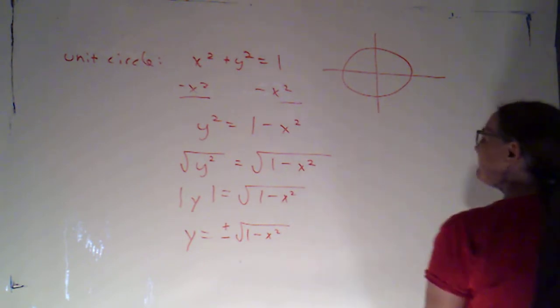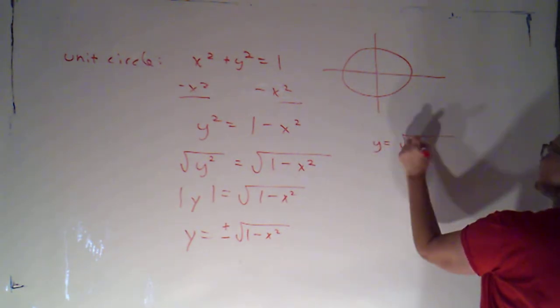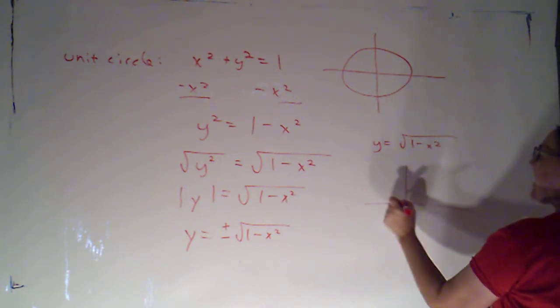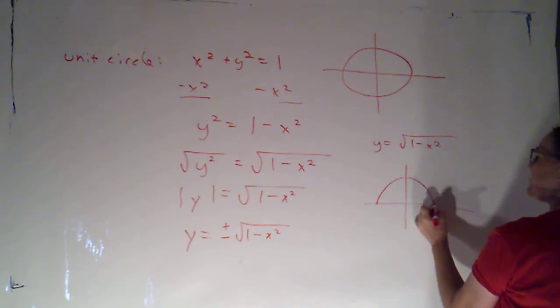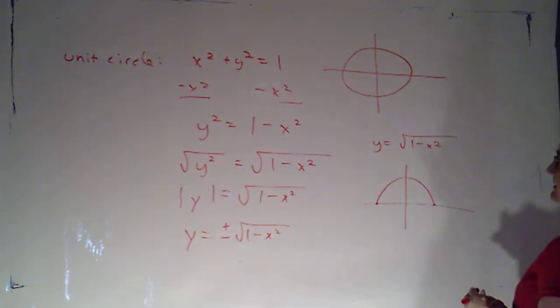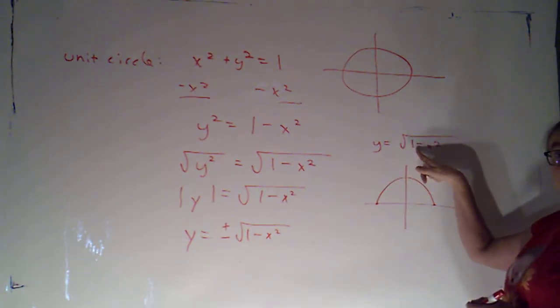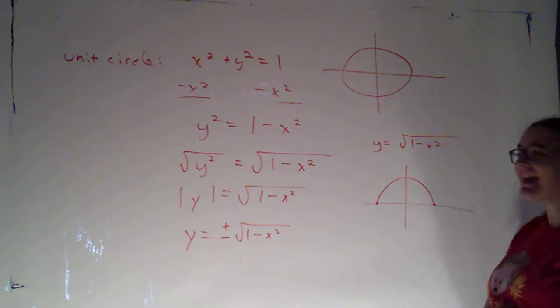And if I take a look at y equals the positive square root of 1 minus x squared, that's just going to be the top half of the unit circle, including the points on the x-axis and everything above it. Because if y is equal to the principal square root of something, that's saying that it isn't negative.